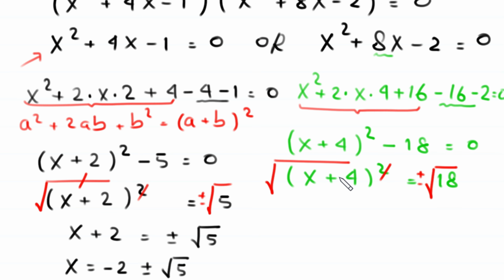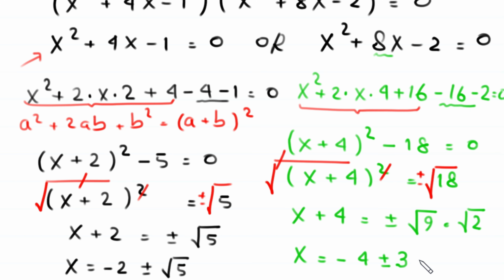So this square will cancel out with the square root. We are left with x plus 4 equals plus or minus root 18, which is the same as root 9 times root 2. Further simplifying, this will become x equals negative 4 plus or minus root 9, which is 3 times root 2.